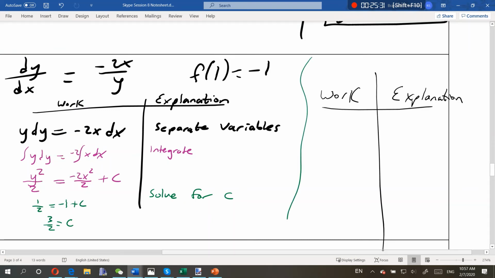Okay, so now we've got y squared over 2 is equal to negative x squared plus 3 over 2. So we just plugged in c. And my goal is to solve for y, so we just need to solve for y from this point.